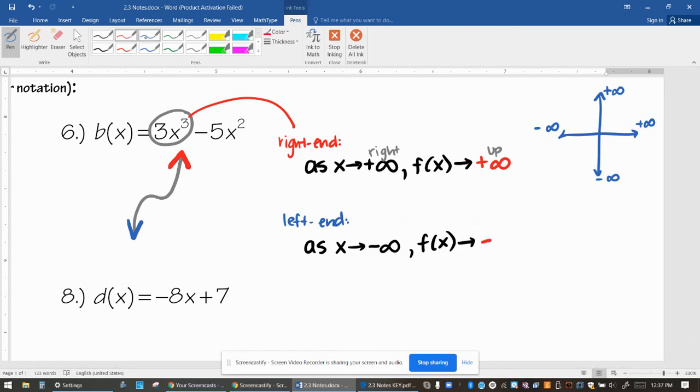So this time, I'm going to color coordinate here. This time they're going down because the arrow is pointing down. They're going towards negative infinity. So as I move to the left, which is negative infinity, the arrow is pointing down, so the y values are going down towards negative infinity.